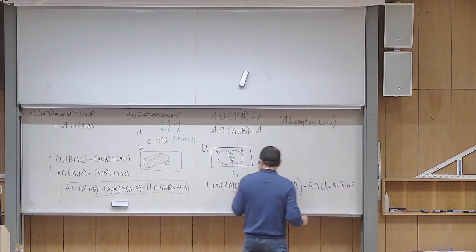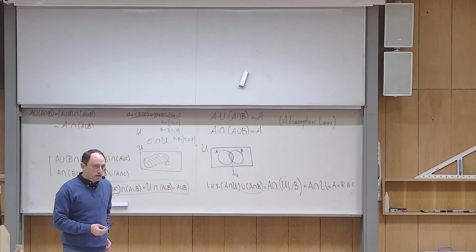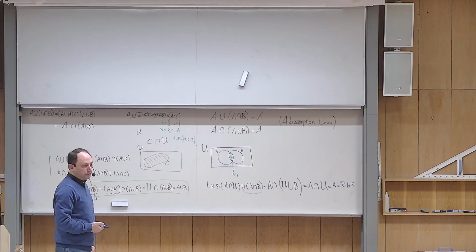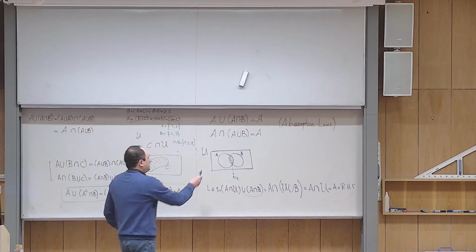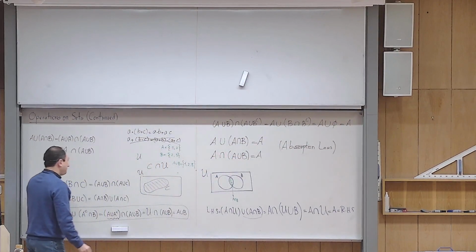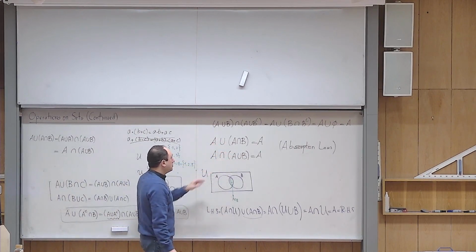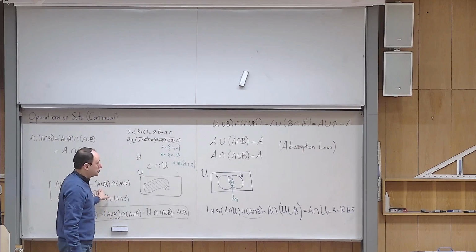So I told you, this is optional, so you don't need to know these. They are not hard, but this is not in the book. Okay? So anyway, if you have something similar to distributive law, but one set repeats itself, you don't need to even bother to use distributive law.